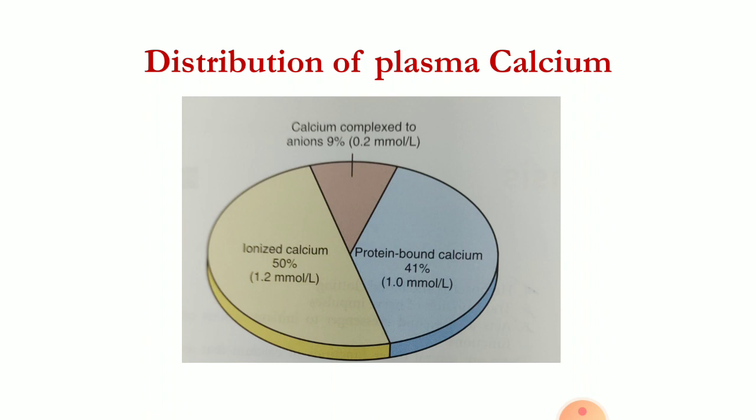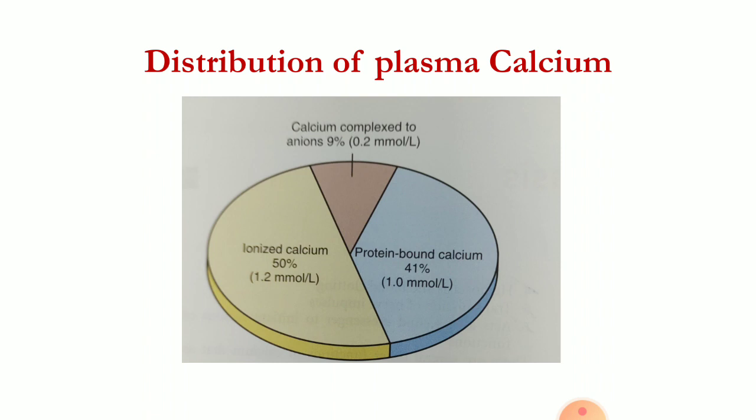Before going to discuss the mechanism of calcium balance maintenance, let us have a look at how the plasma calcium is distributed in different compartments. I have already told you that total plasma calcium is 9 to 11 milligram per deciliter. Amongst this, almost 41% remains bound with plasma protein, and therefore it is non-diffusible. 9% remains bound to different anions like citrate and phosphate. It is bound, but it is diffusible.